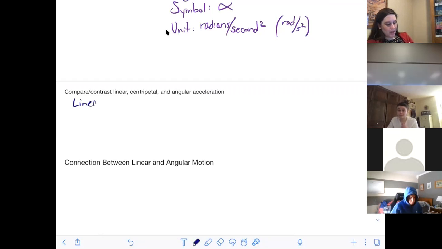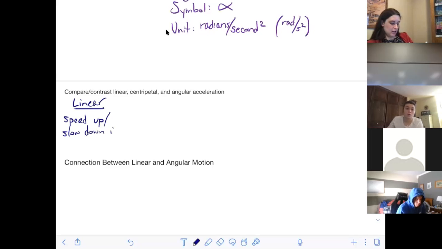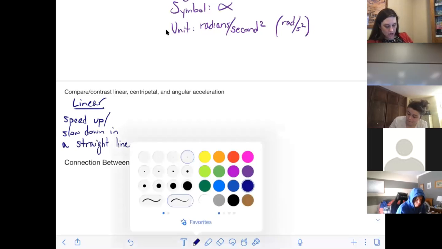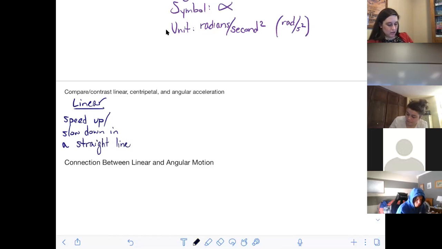So I just want to remind you that when it comes to linear acceleration, we're talking about the fact that we speed up or slow down in a straight line. That's linear acceleration. You've got to be speeding up or slowing down, and you've got to be doing it in a straight line.